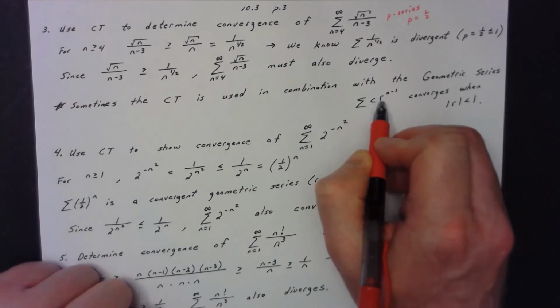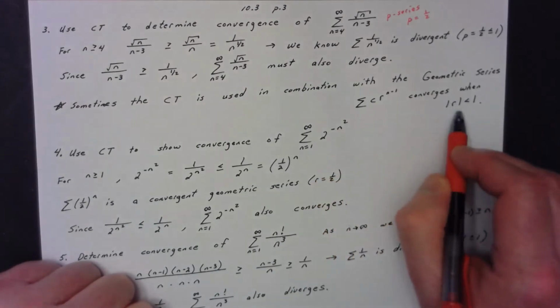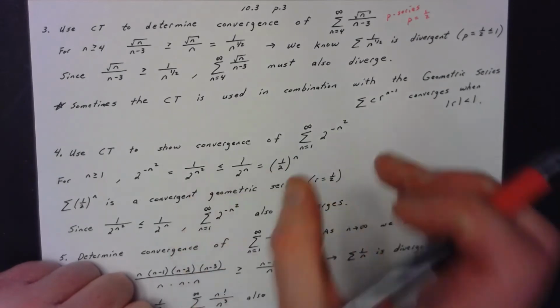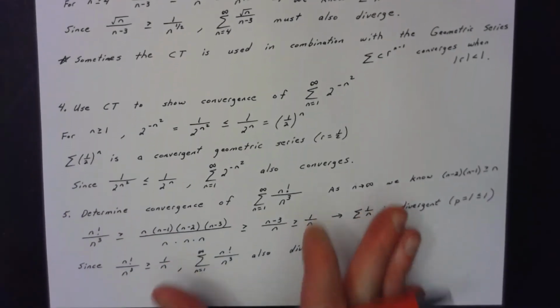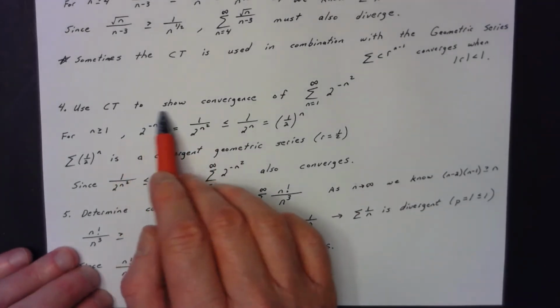The only relevance is that common ratio. That common ratio, the absolute value of r, has to be strictly less than 1. So in other words, the terms have to get smaller and smaller and smaller for the series to converge.